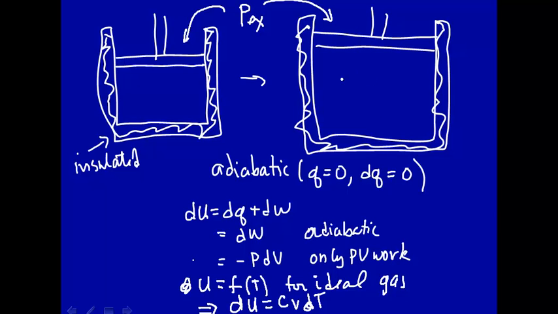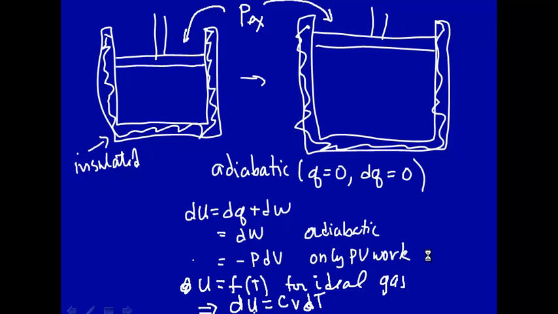So there must have been a temperature change here, because the external pressure is constant and the volume is changing. Let's see if the temperature went up or down. We have the infinitesimal change in internal energy, minus PdV, and we can also equate that to the infinitesimal internal energy change as CV dT.